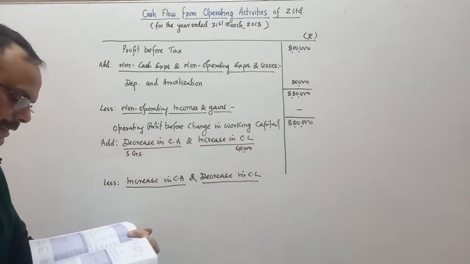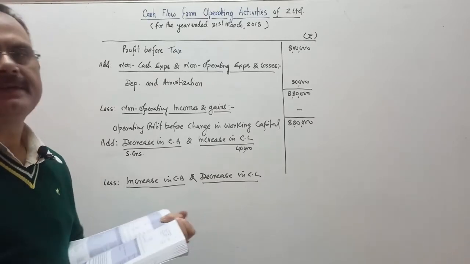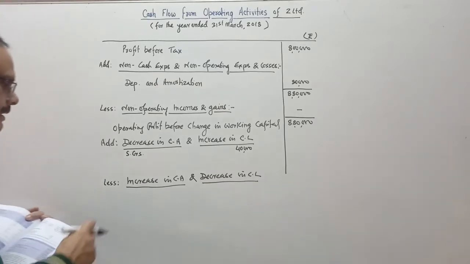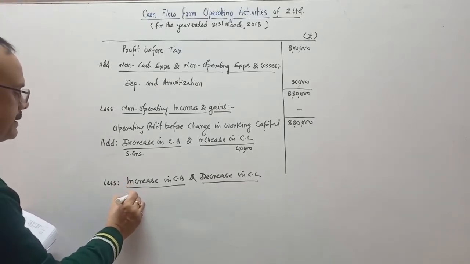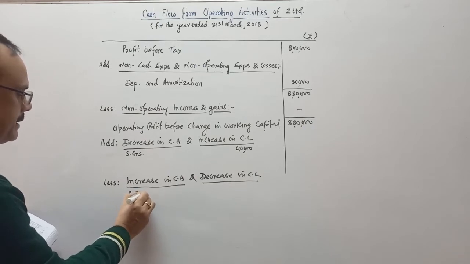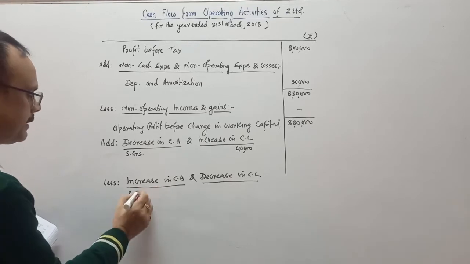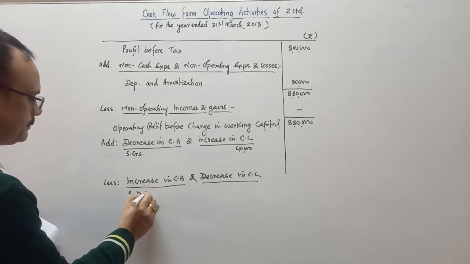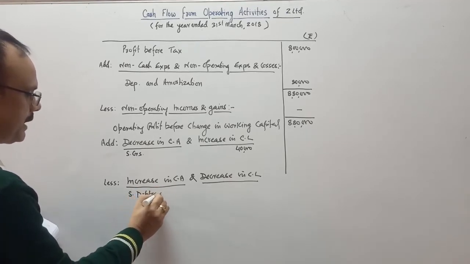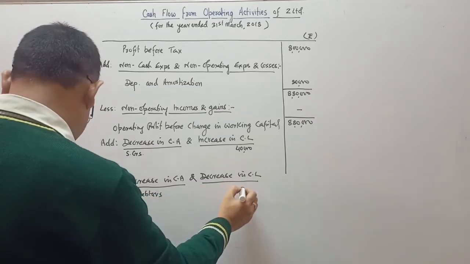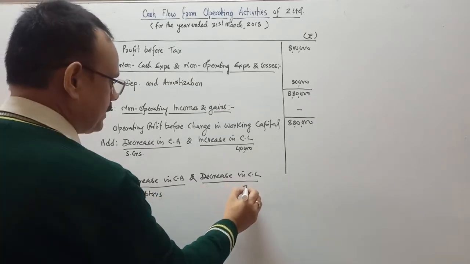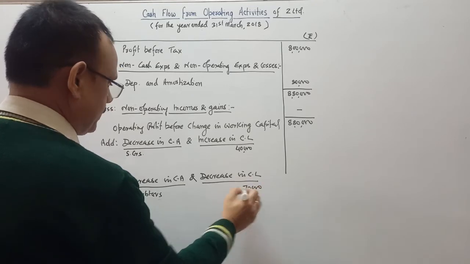Next is sundry debtors increased by 70,000. Sundry debtors is a current asset, so this will be deducted.